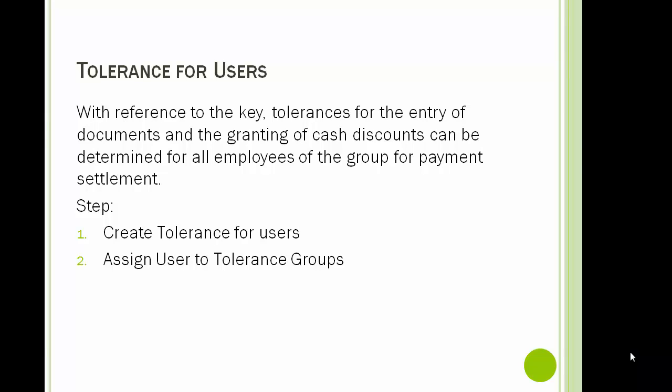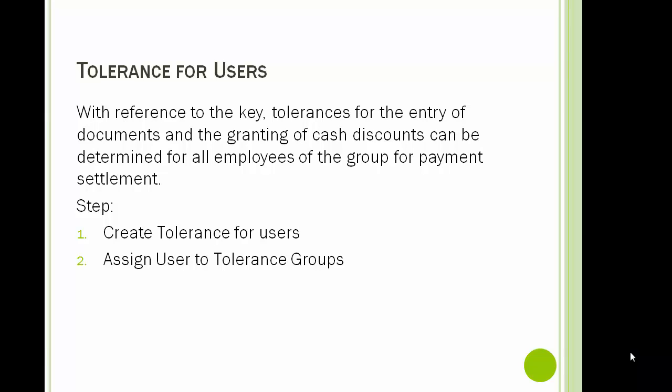These limits could be the maximum amount an employee can post in a document, meaning the maximum amount of a business transaction which a user can post, a maximum amount per line item in a customer or a vendor account, a maximum cash discount percentage a particular user can grant, and the maximum payment differences the employee can make.